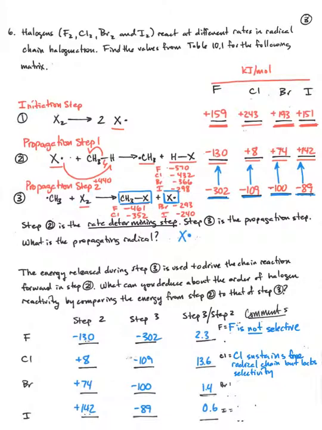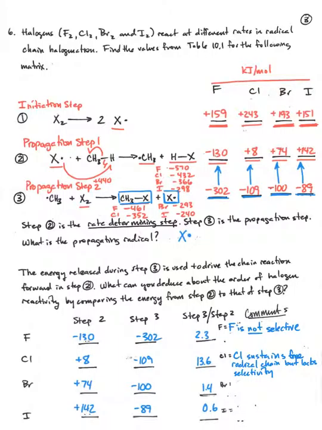Another way to think about that, once you classify all the CH bonds in a molecule, you can be reasonably certain that you're going to get a large product distribution of primary versus secondary versus tertiary substitution products.